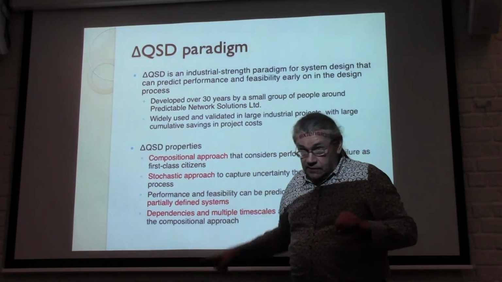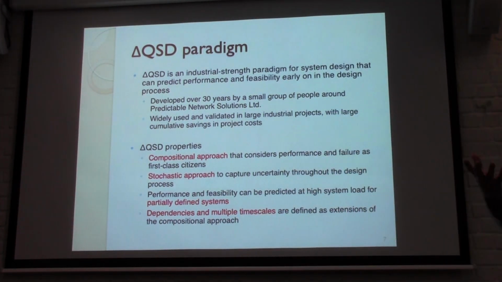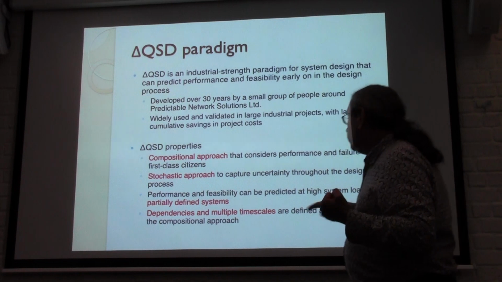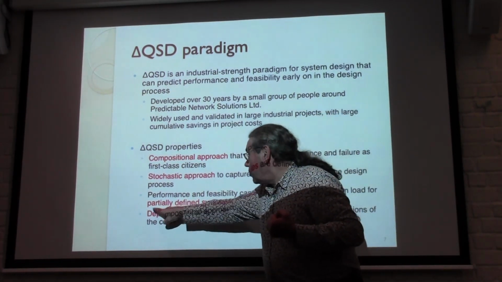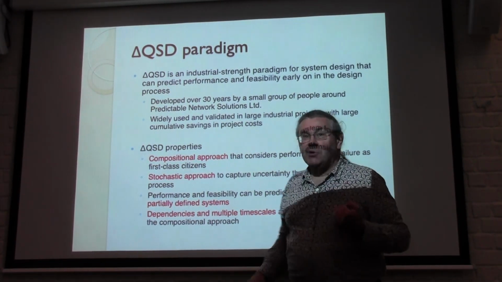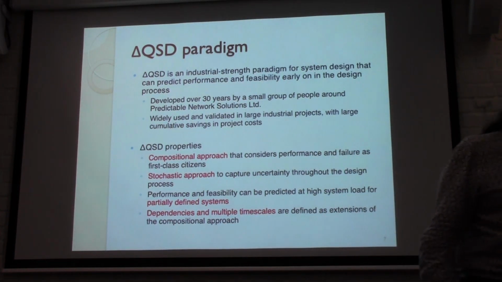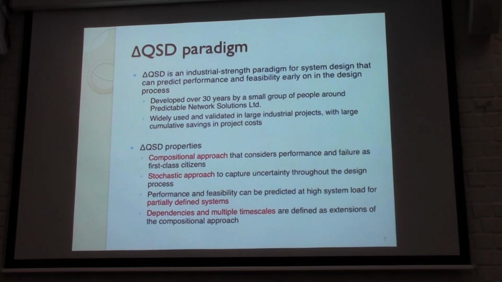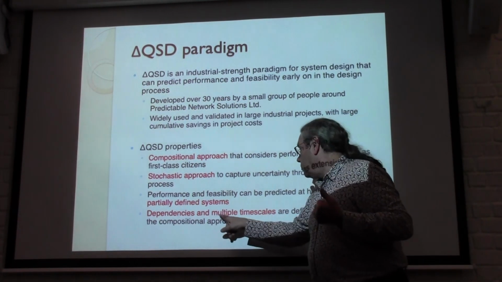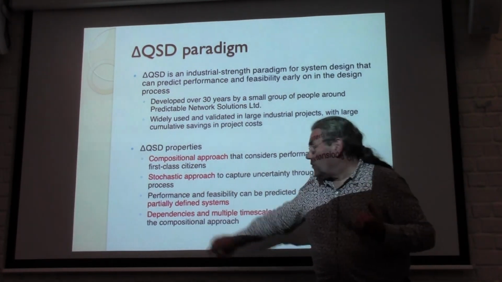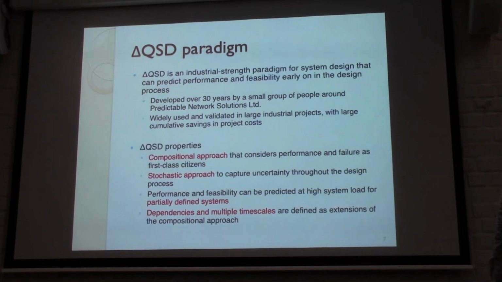It's stochastic. It talks about probability distributions. You can also look at partially defined systems. You can actually predict the performance of a system before you build it. And also there are other things, multiple time scales, dependencies, which I talk about next week.